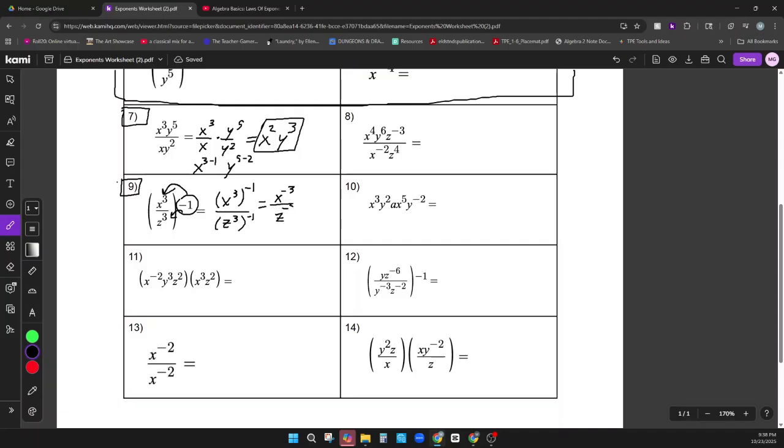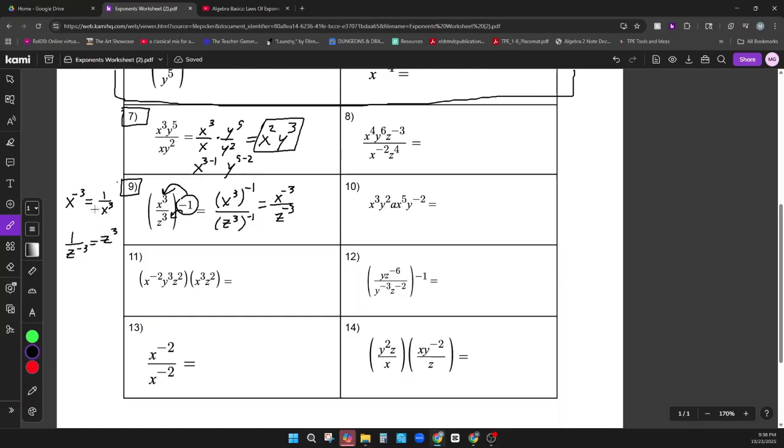And of course, with negative powers, we do the reciprocal. So that means that in isolation, if I could do my side work over here, x to the -3rd is going to be equal to 1 over x to the third. And similarly, 1 over z to the -3rd, let's make that look a little bit nicer, z to the -3rd is going to be equal to z to the third.